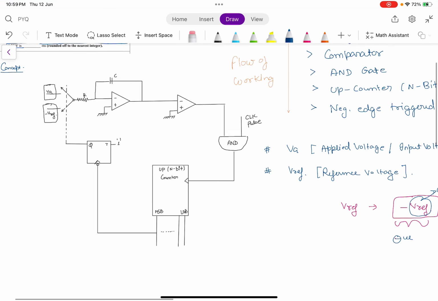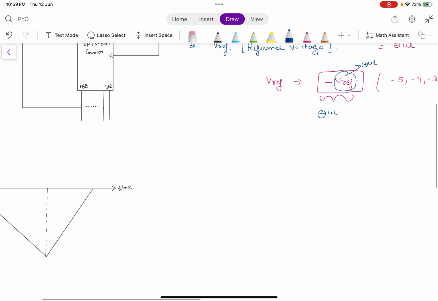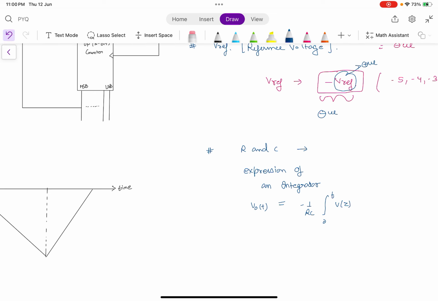Now let's start with the integrator. An integrator consists of R and C. Based on this, the expression of an integrator can be written as V out equals minus of RC integration 0 to T V of tau d tau, or I recommend writing it as V of epsilon d epsilon.